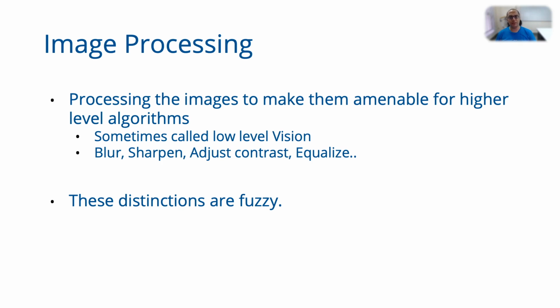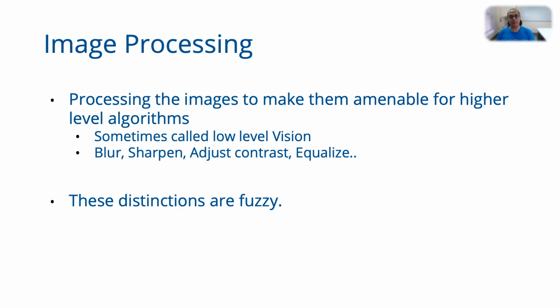So if you want to recognize a person, before that you might want to adjust the contrast in the image so that the recognition algorithm has an easier job to do. So image processing is basically any algorithm that processes images to make them amenable for higher level algorithms.